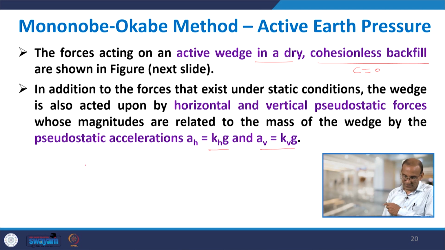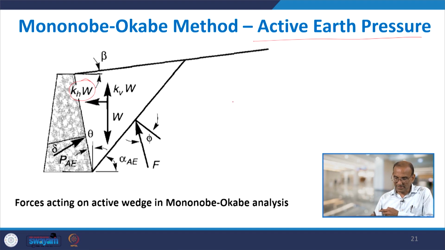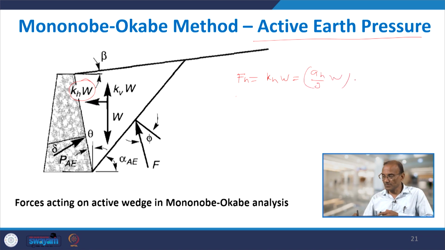So basically FH is equal to KH into W. What is KH? KH is AH by g, into W, or this can also be written as mass multiplied by AH. So, this is the same thing.